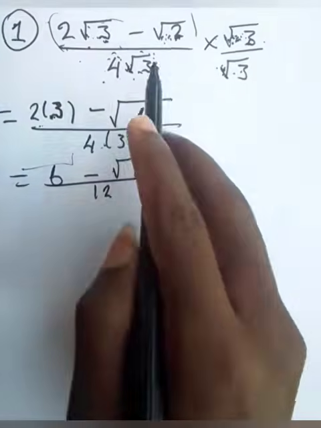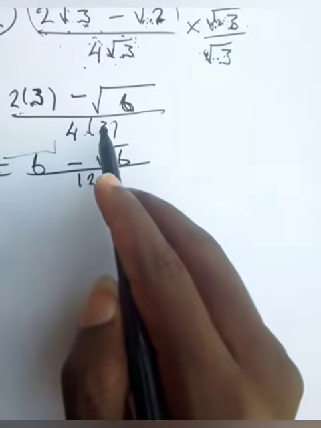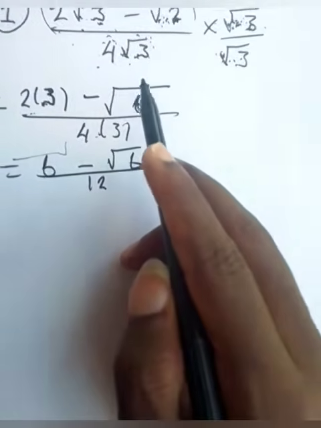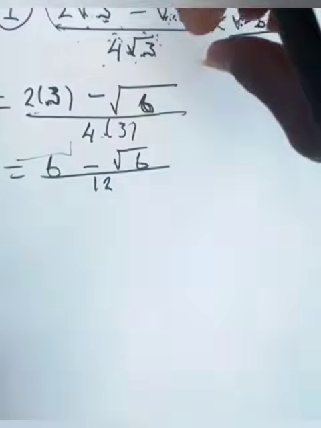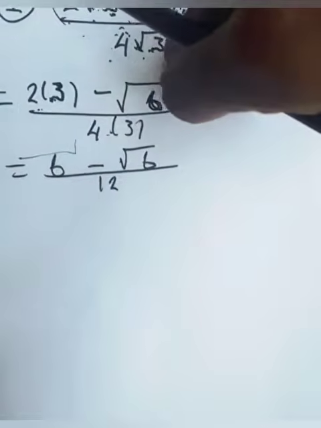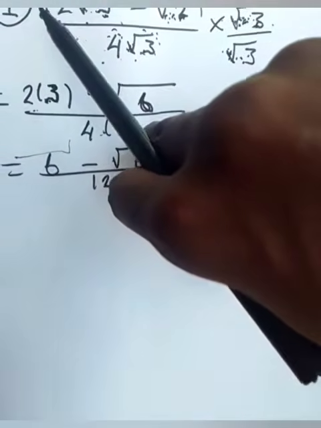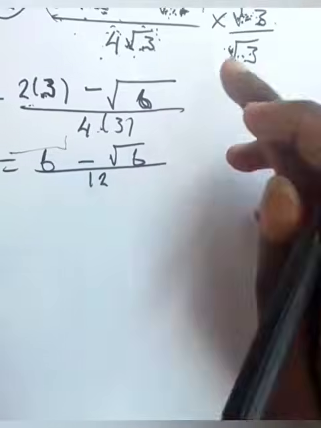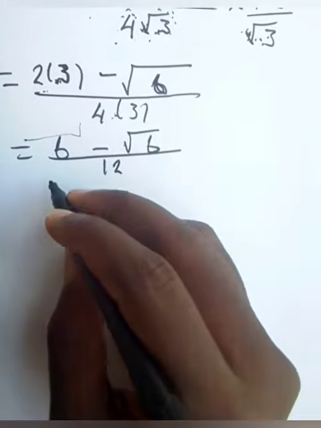So now look, by multiplying this with this, and eventually making the square root disappear on the denominator, we've just rationalized the denominator. Rationalizing means that if they tell you to rationalize the denominator, you need to make sure that eventually you don't have any square root there. If you still have it, it means that you are not done rationalizing, or maybe you've done it the wrong way, or maybe you've made a mistake.